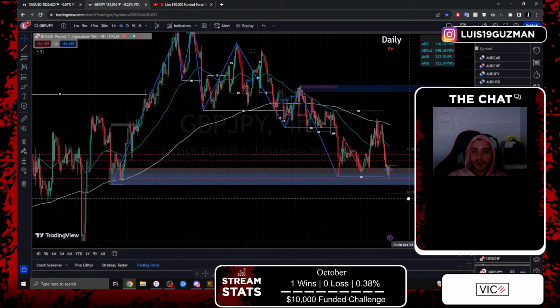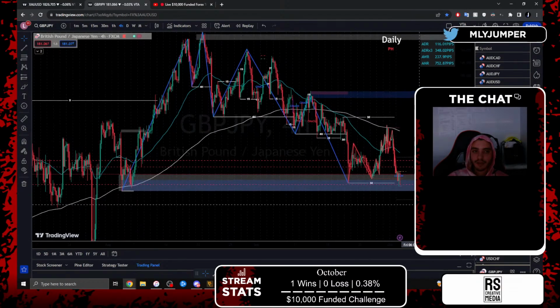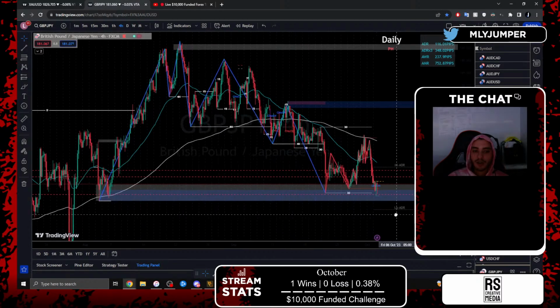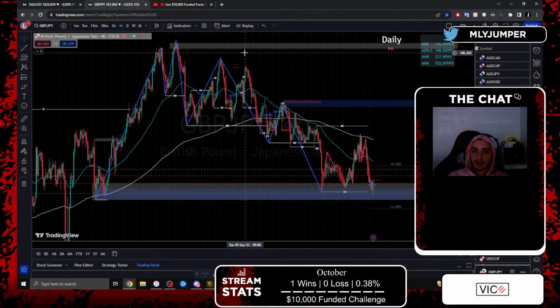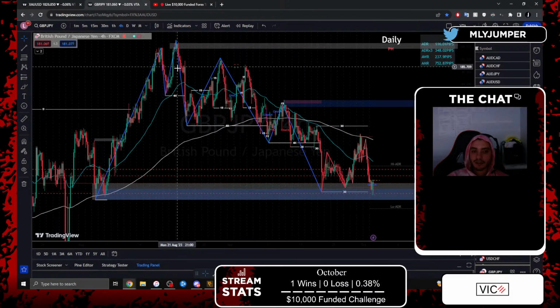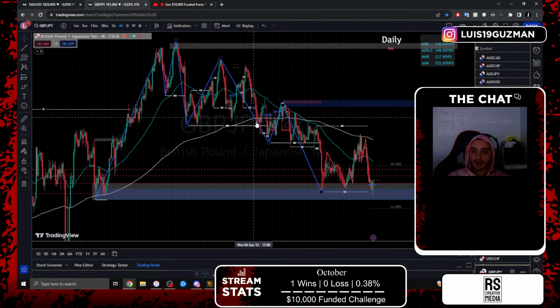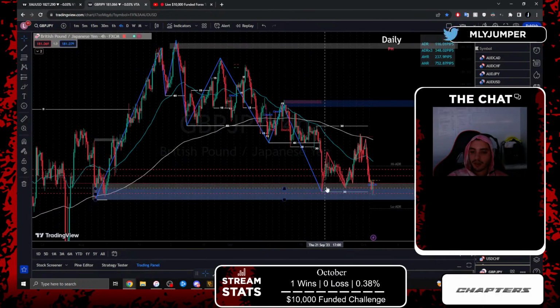Now we're looking at price action. On the lower time frame, which is the 4-hour, we're still trading between this low and this high. And internal structure, we're still making lower lows and lower highs up until where we're at now. We have a double bottom here, 2 wicks.